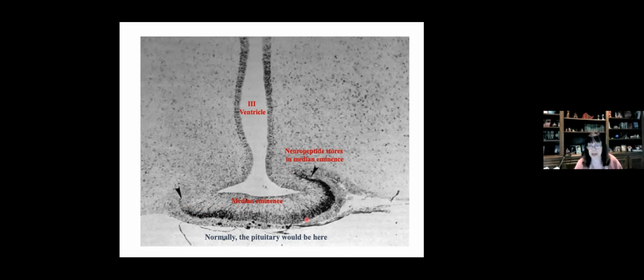But they're stored here in the median eminence, right on blood vessels, where they will release their product into the blood vessels, which then will travel down to the anterior pituitary. And so there are special portal vessels that take these stores into the anterior pituitary.